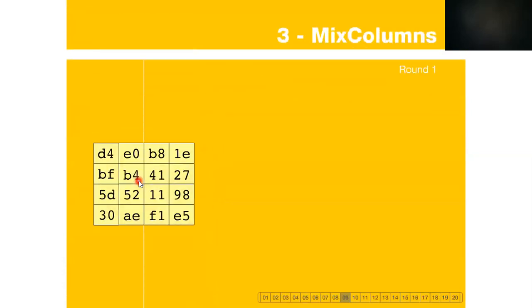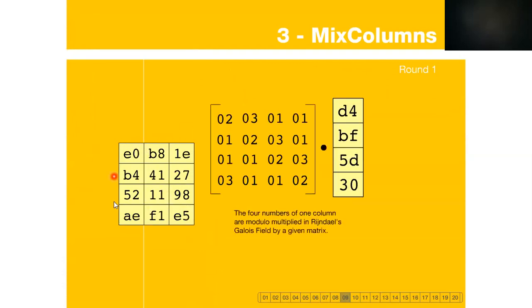And the third most important thing is mix column. From the last output of shift row we get this state. After applying mix column, you have this 4 by 1 column vector, and you have to multiply it with a 4 by 4 matrix. In that case you will get another 4 by 1 column vector. You have to apply this for each column of the state, multiplying each column with the 4 by 4 matrix.